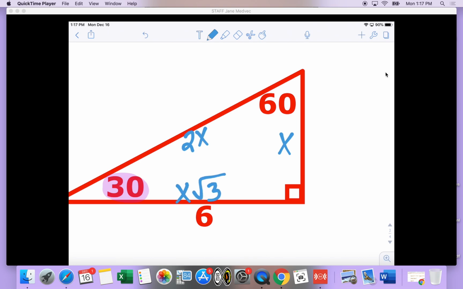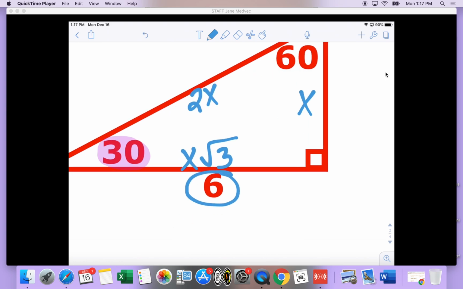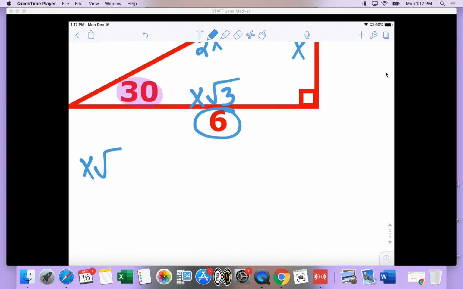Okay. So I have this side solved. So what do I do next? Very good. X root 3 equals 6.